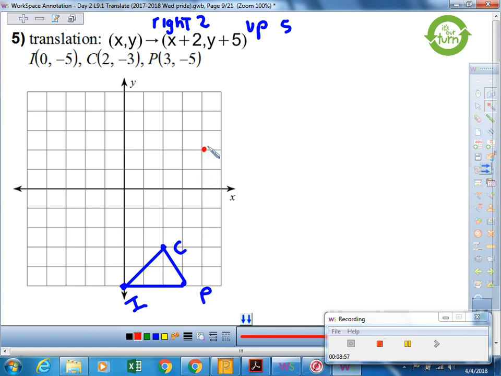Plot a point, and remember this one is your image, so it's C prime. And just take each point, right 2, up 5. And label it with the prime. And your new figure should still be the same exact shape, just translated.